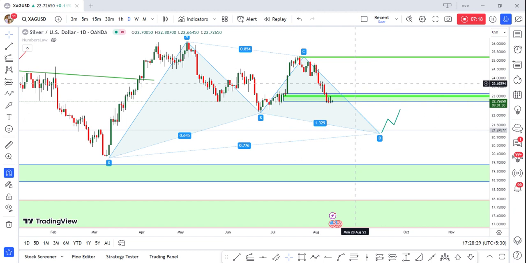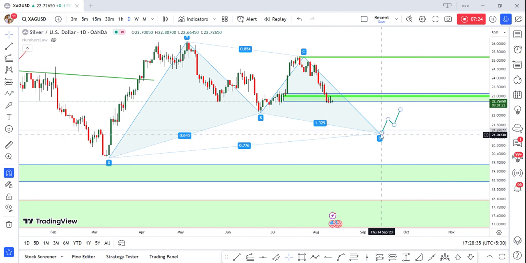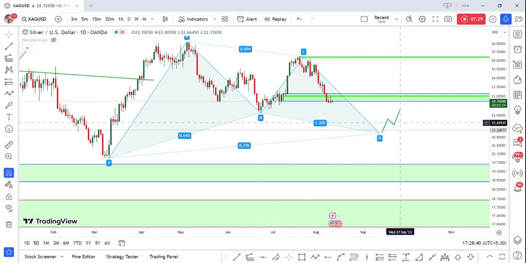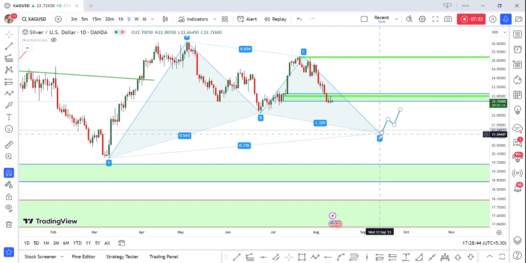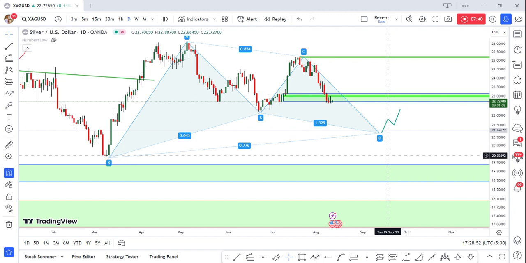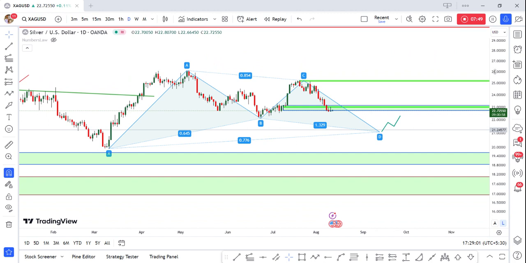If it crosses this, it may go to 25 and then come back to 19. But if it directly comes down, it may take support at the end of the bullish Gartley. This is a bullish Gartley, by the way. It may take the support at the end of 21 point. And if it further comes down, this is where it has to take the support. And then our targets are very huge.